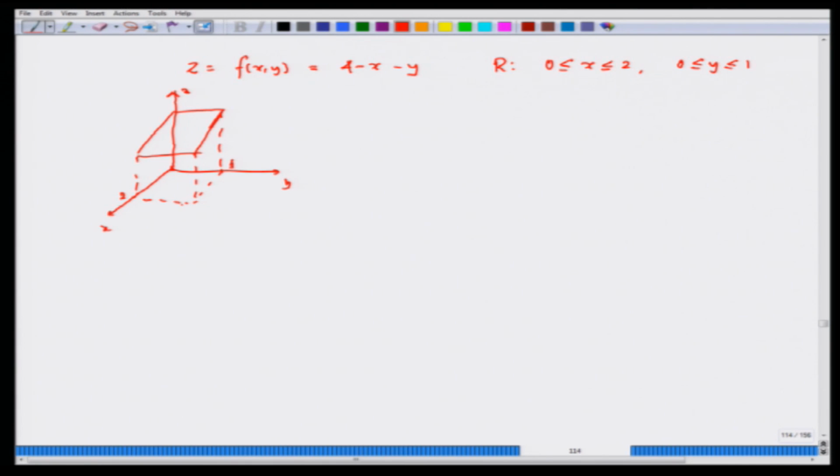So, you are basically trying to find the volume. There are many ways of looking at it. By Fubini's theorem, you can verify Fubini's theorem.